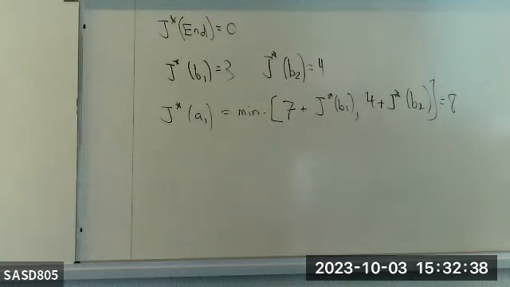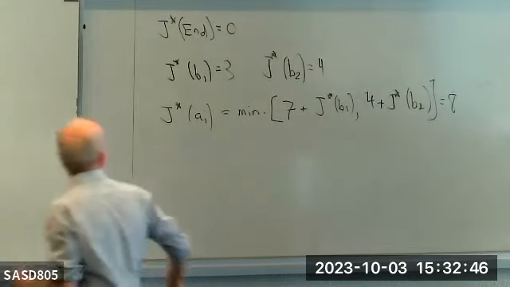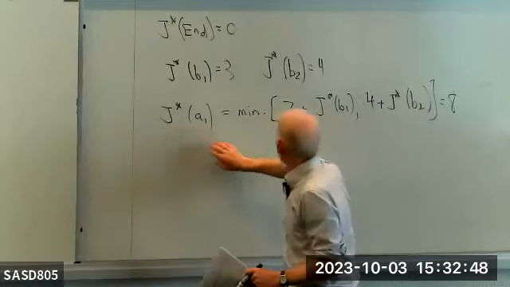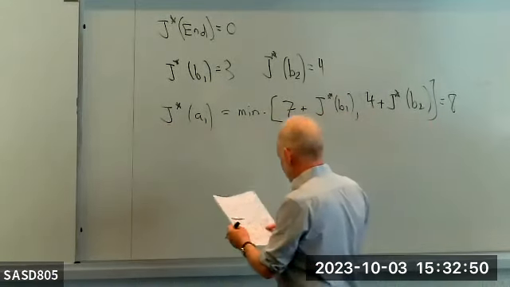So we're here, we say 4 and then 4, so that would be 8. Or we can go 7 plus 3, which is 10. So that's longer. So the minimum, j star of A1, is 8.